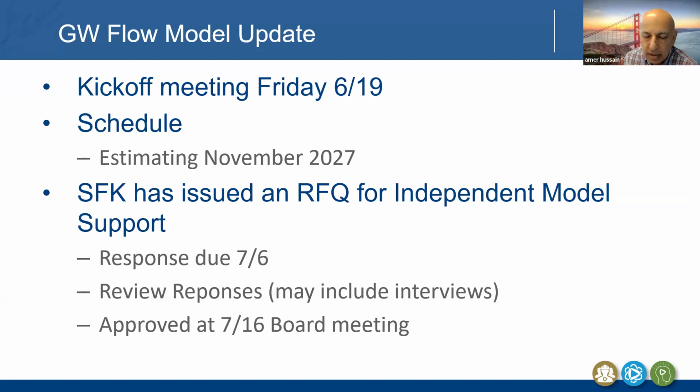Instead, what we're doing is updating some missing historical data, and they have provided a list of what that is. So we're reaching out to the individual agencies looking for that data, if it exists. And then secondly, updating the model, including the water years 23, 24, and 25, so that we have the most recent information in the model as well.